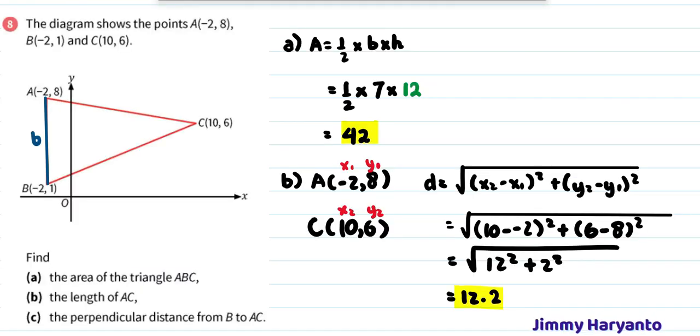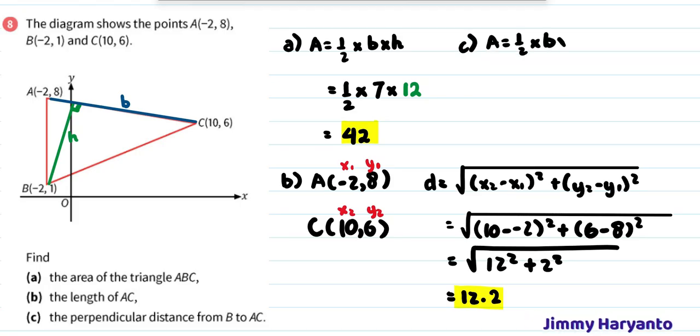Next is the perpendicular distance from B to AC. B to AC is this one, the perpendicular distance. That means, as you can see, that one will be the height and this one will be the base of the triangle. And because we already have the area, we can find the height using the area formula, half times base times height.